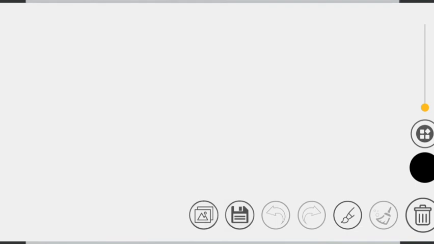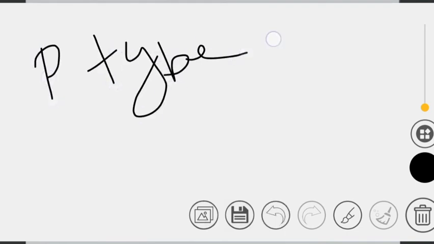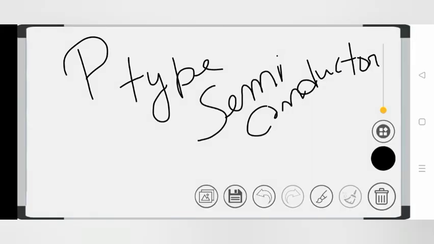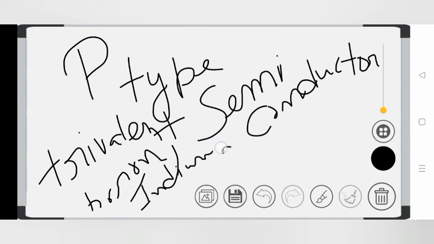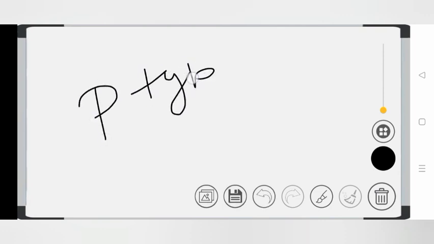What is a P-type semiconductor? Let's discuss this. Semiconductors like germanium or silicon doped with any one of the trivalent atoms like boron, indium, it's not India, it's indium, or gallium are called P-type semiconductors.